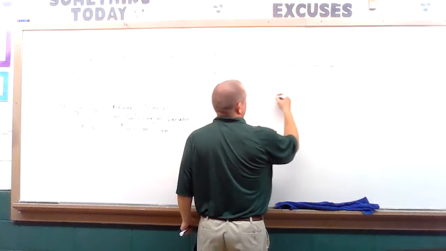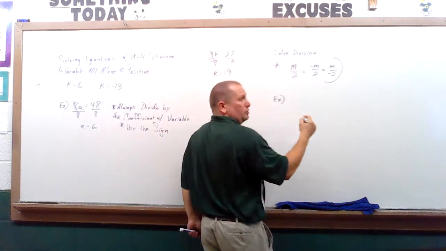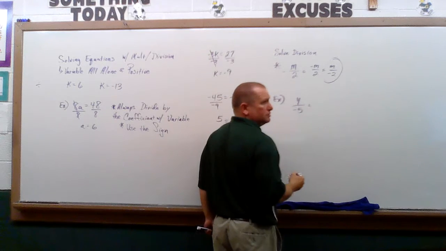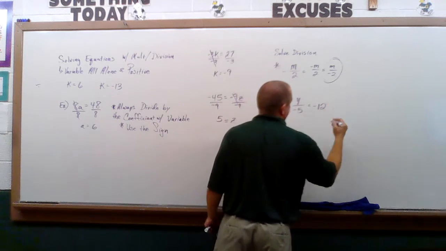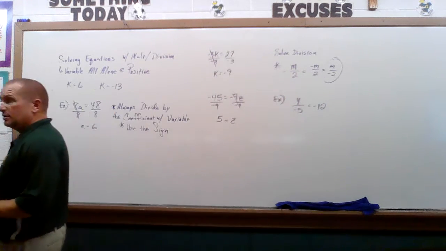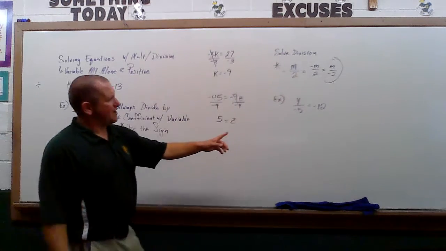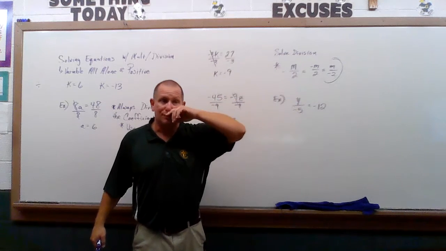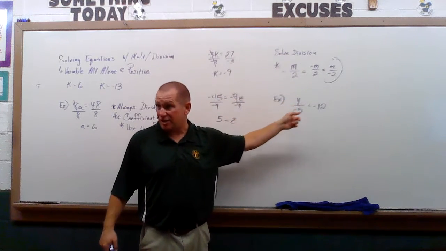Okay, so, example. Y over negative 5 equals negative 12. So again now, you have to recognize that we have a division problem. And as the gentleman said, one of the best ways to show division now is to use a fraction.